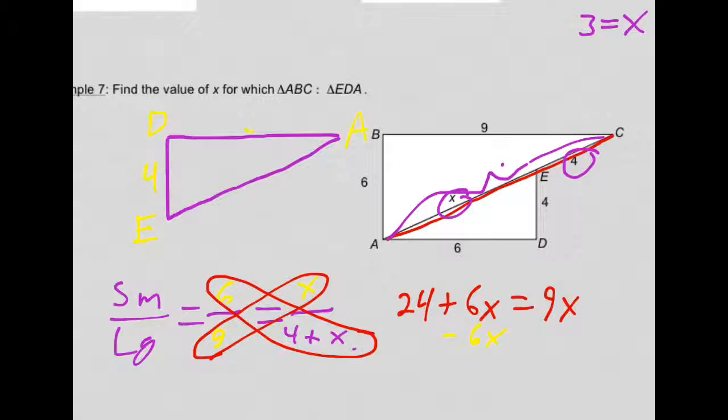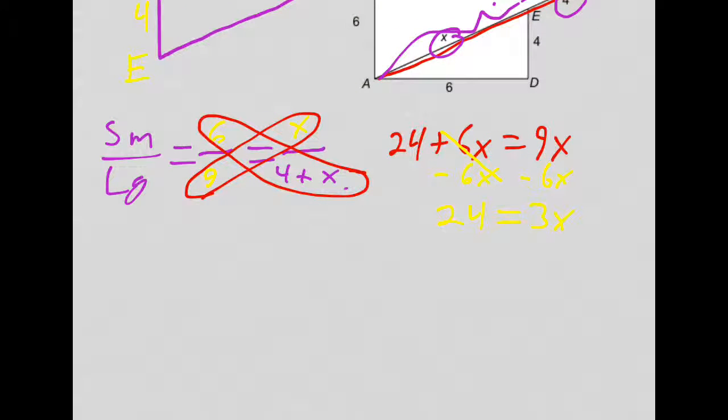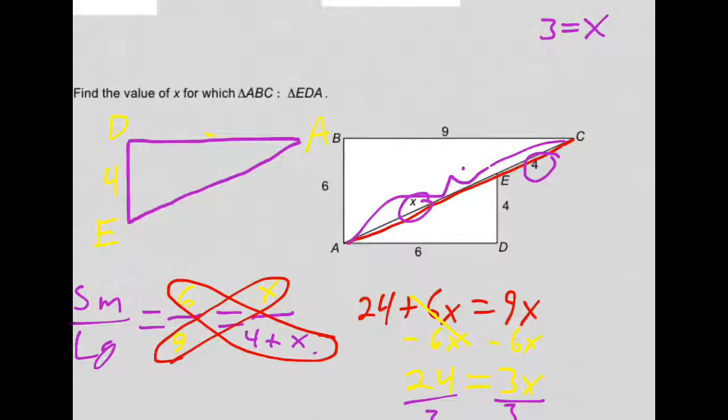So I'm going to subtract 6x from both sides, and 6x minus 6x just gives me 0, so 24 is left over. 9x minus 6x is 3x. And then I divide both sides by 3. So I get x equals 24 divided by 3, which is 8.